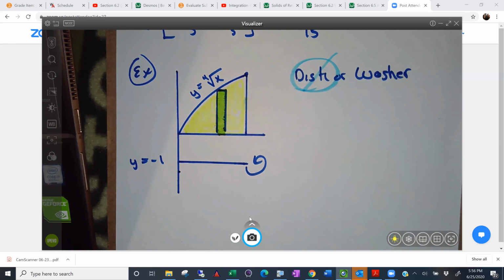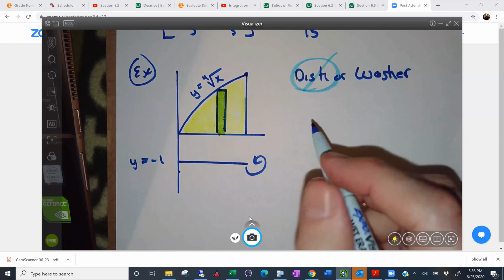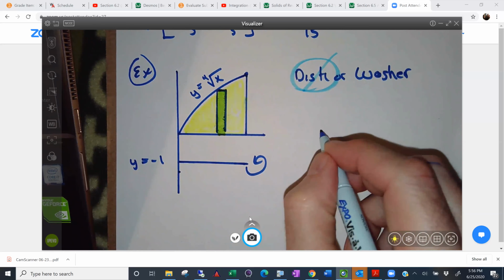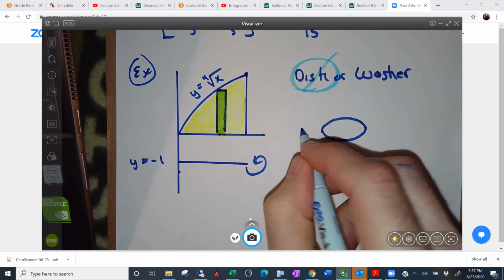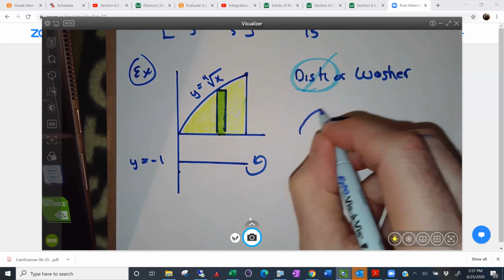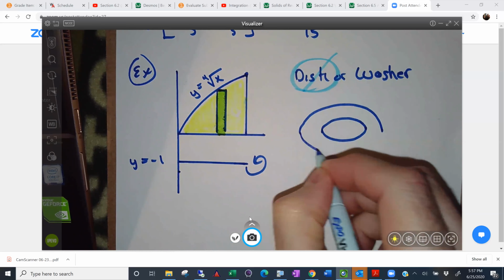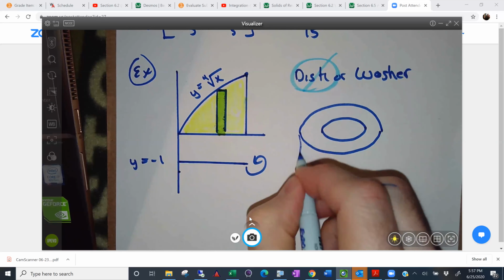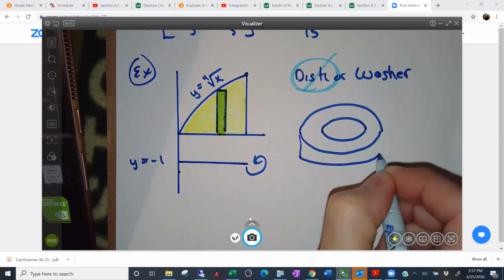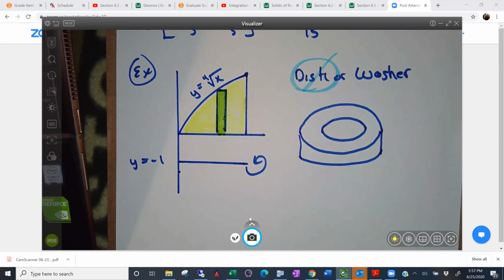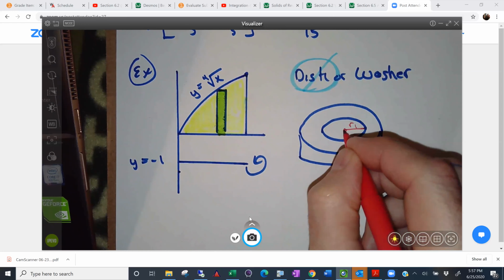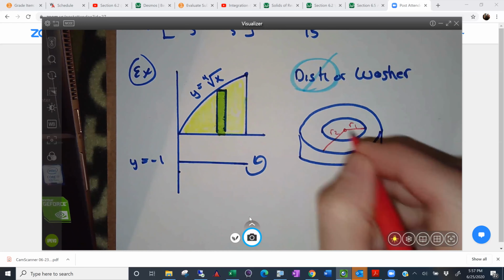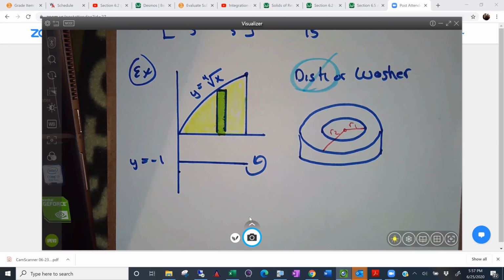So, okay. Let's draw ourselves a washer. I think my previous one was better, but that's okay. So R1 and R2, your inner and outer radius.